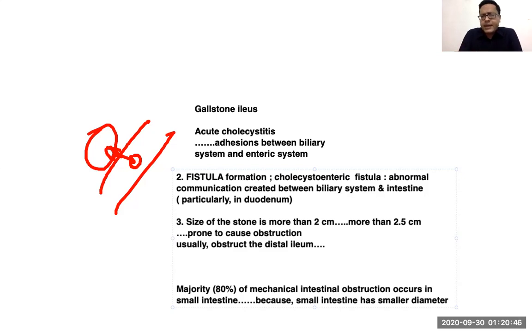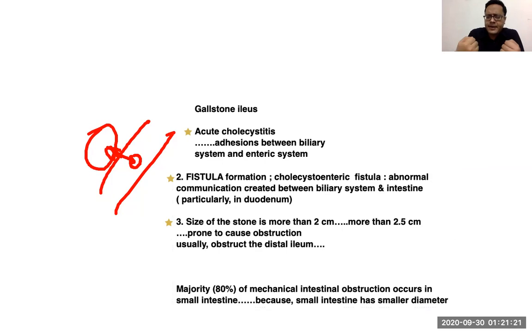So now we come back to the topic we're discussing: gallstone ileus is a 3-step process. Step number 1 is episodes of inflammation, acute cholecystitis. Step number 2, and this is step number 3. Firstly, there will be acute inflammation, acute cholecystitis, and obviously after inflammation there will be sticky surface formation.